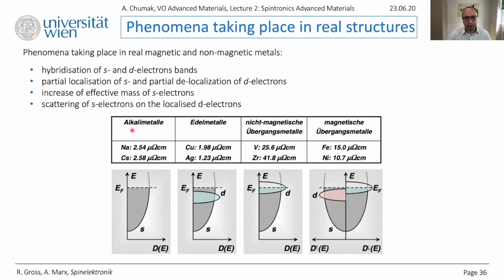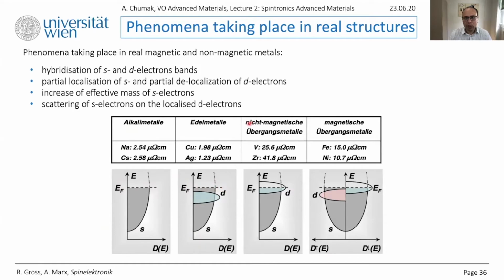For example, alkaline metals, which are very good metals, usually have one free electron per ion, like sodium and so on. Then you have metals like copper and silver, which are good conductors, because the d band lies below the Fermi energy, so you do not have additional scattering centers at the Fermi level.